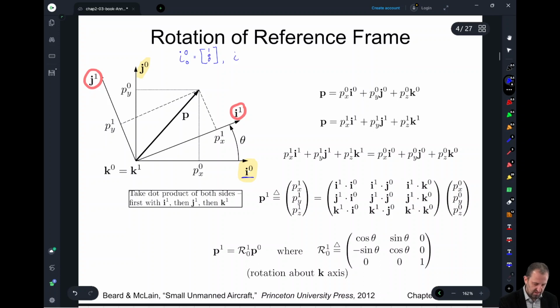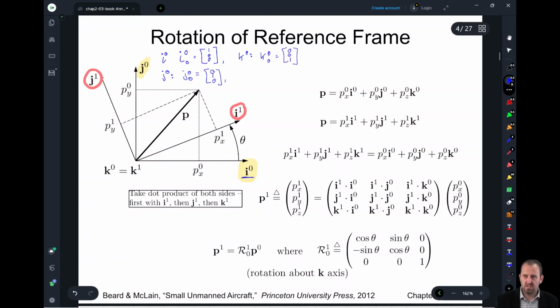and then if we're just using the notation of the book, we'll write it like that, right? So we'd have J 0, if we were to write it in terms of frame 0, would just be equal to 0, 1, 0, and we would have K 0, if we were to write it in terms of frame 0, this would be 0, 0, 1.